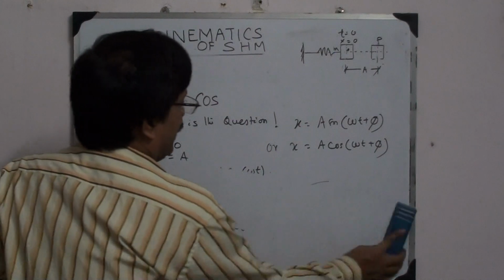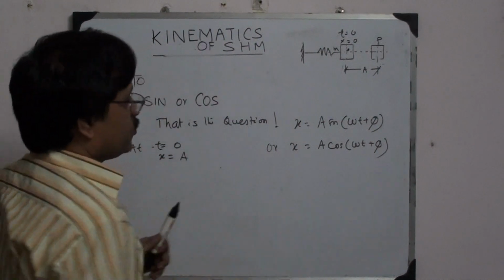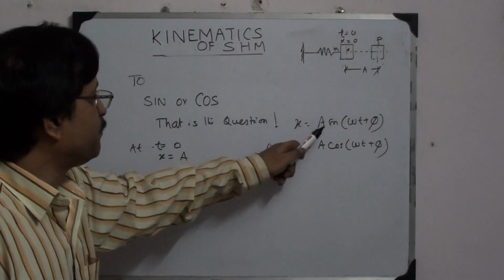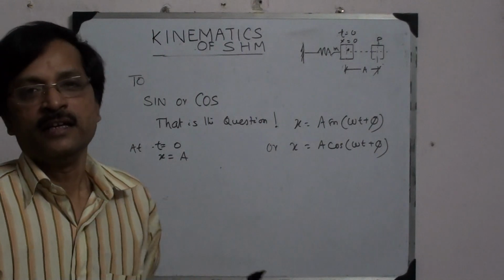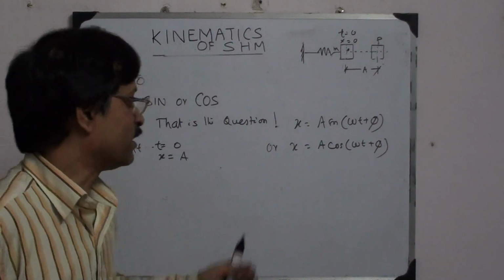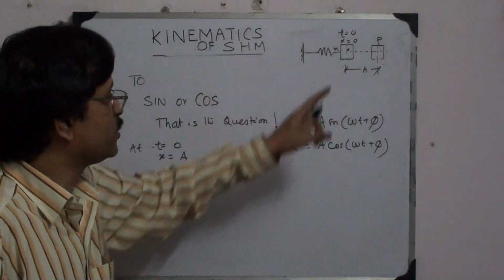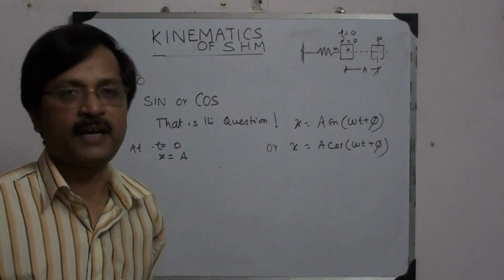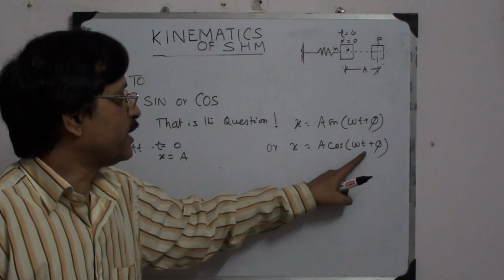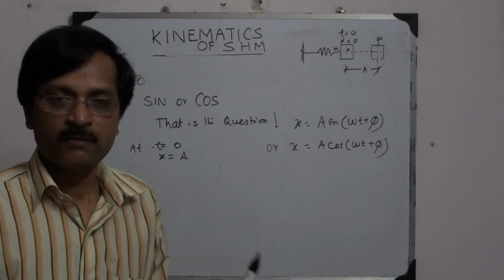So the equation of choice can be anything, but it basically describes a particular initial condition for convenient calculation. If x is 0 at t is 0, take a sin omega t plus phi. If x is a at t is equal to 0, take a cos omega t plus phi for simplicity.